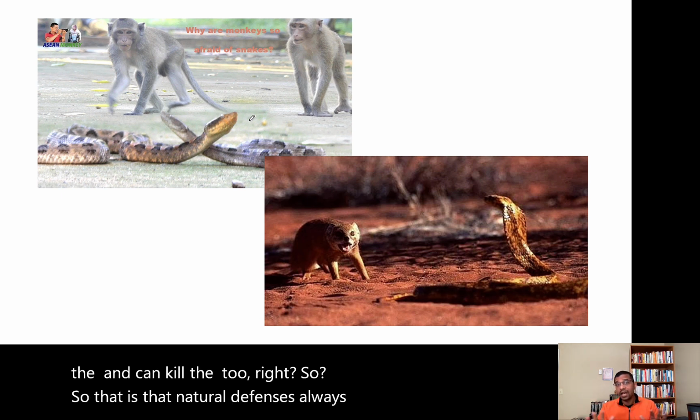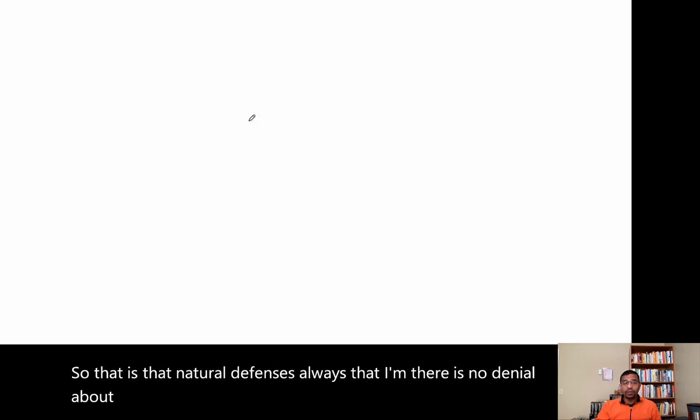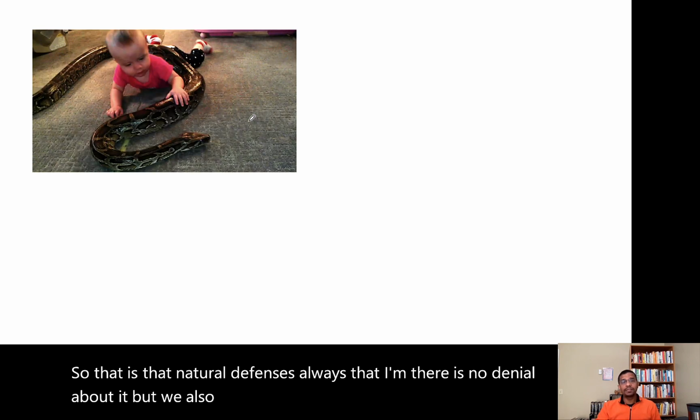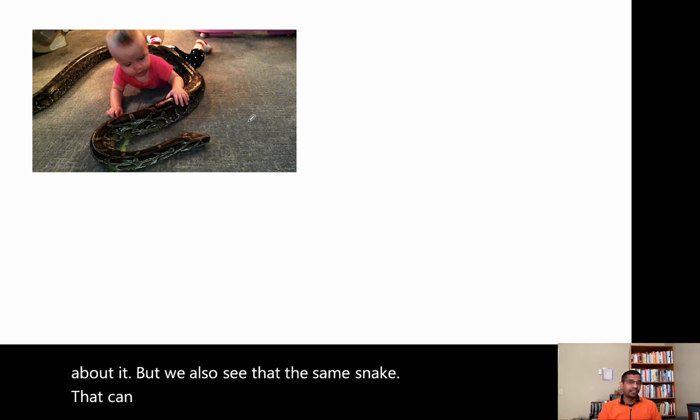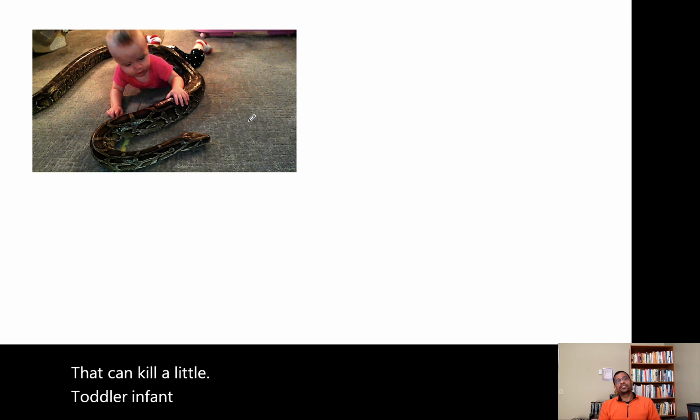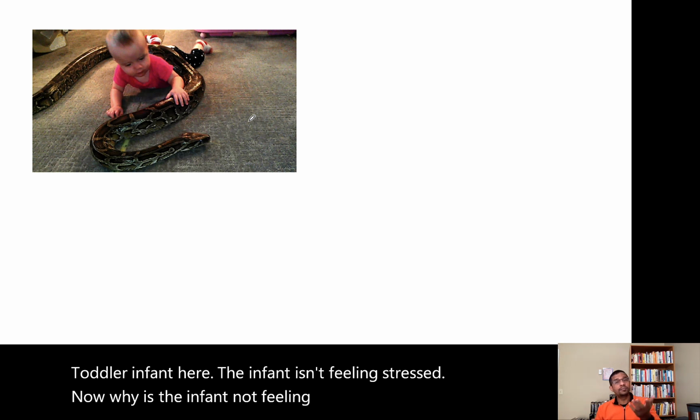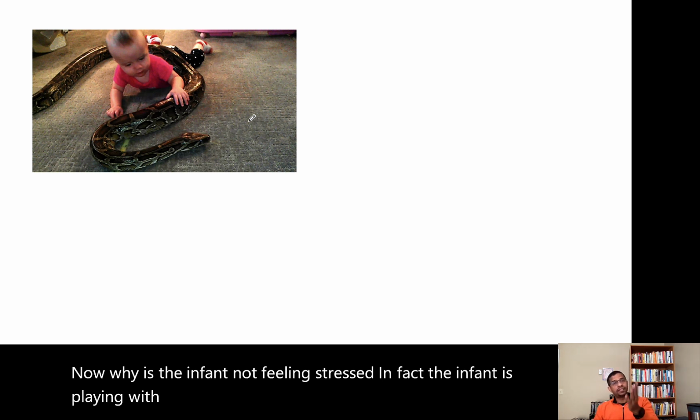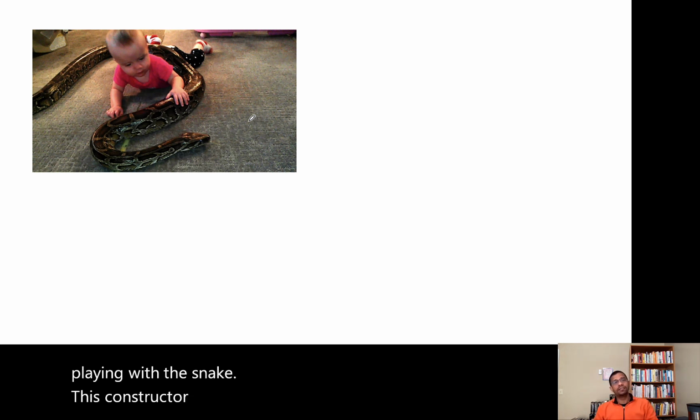So that natural defense is always there. There is no denial about it. But we also see that the same snake that can kill a little toddler, the infant isn't feeling stressed. Now, why is the infant not feeling stressed? In fact, the infant is playing with the snake. This constrictor can easily kill this infant.